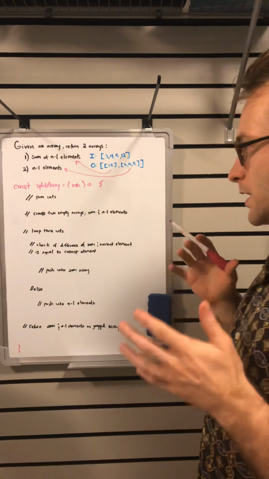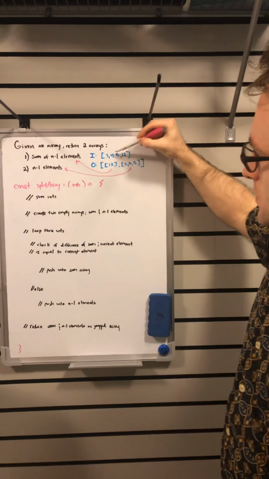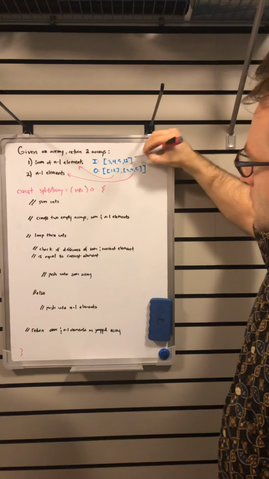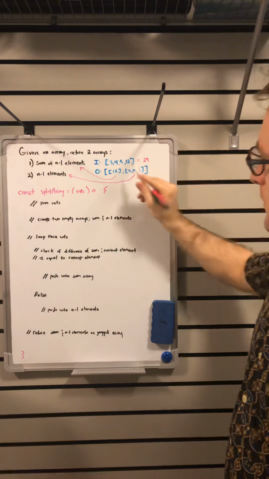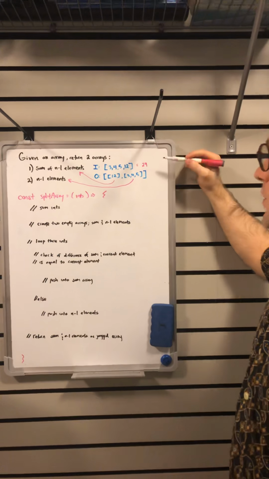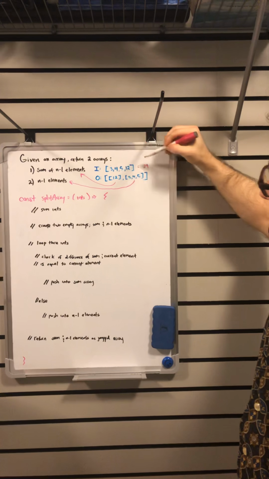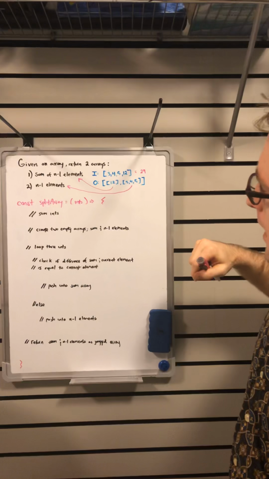Well, what we can do is sum all of these digits together, which would give us 24. And basically what we would do is iterate through each one of these, take this sum, and subtract it by the current number we're at.